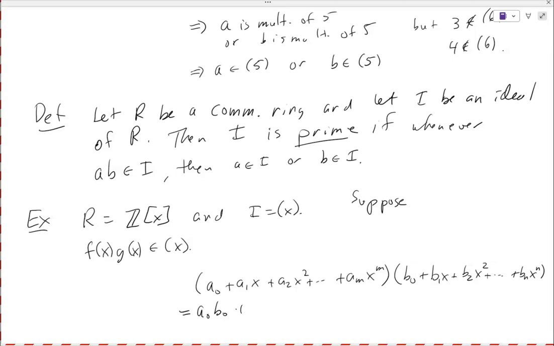So I can write this as x times some other polynomial. We agree? And we're trying to say that this is in the ideal generated by x. Agree? Okay.